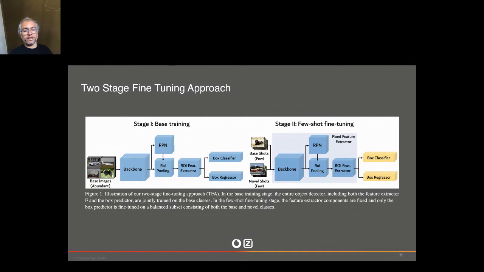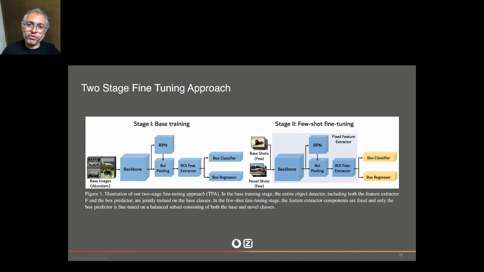It's a huge dataset, but now we want to fine-tune it on my own dataset, which contains the socket plates, right? So I would have the base shots and the novel shots, and push them towards the backbone, until we get a box classifier and a box regressor.